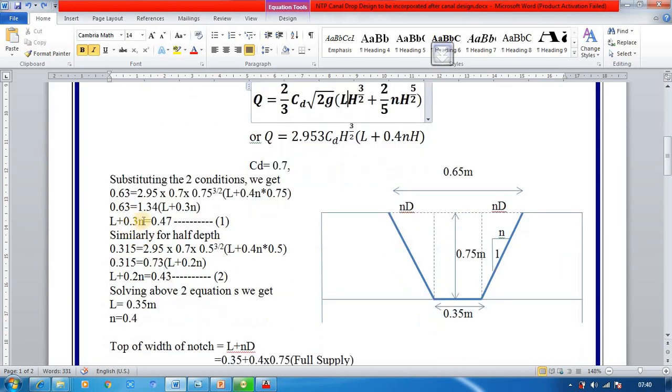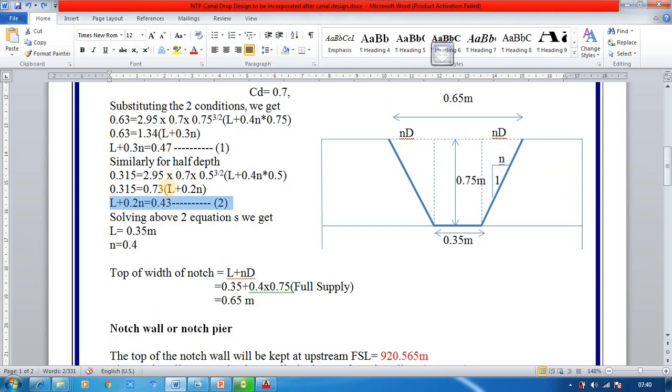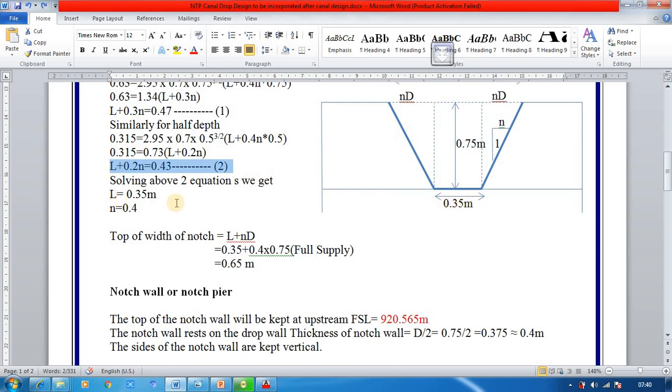Substituting all these, for full supply you will get one equation, and similarly for half supply you will get another equation. Solving these two, you will get the bottom width and the slope of the notch. The bottom width of the notch is 0.35 and the slope of the notch is 0.4.